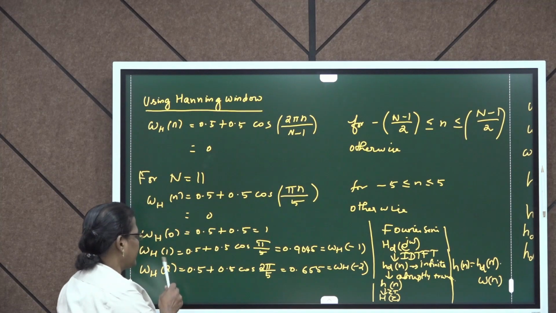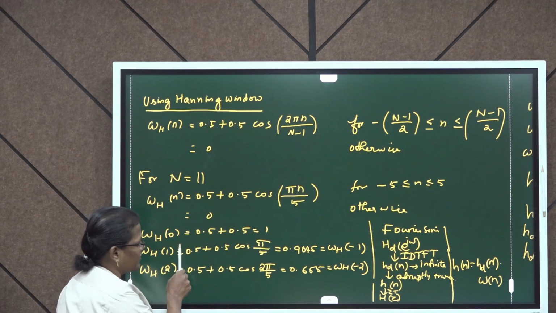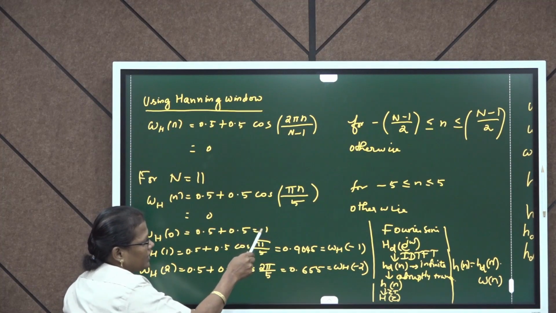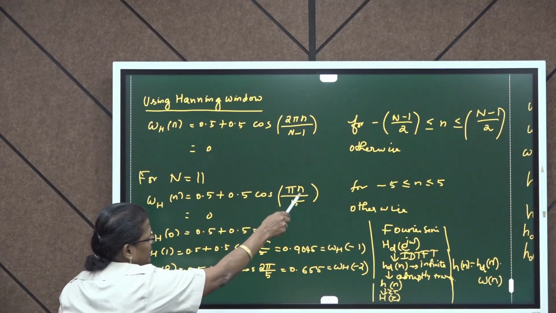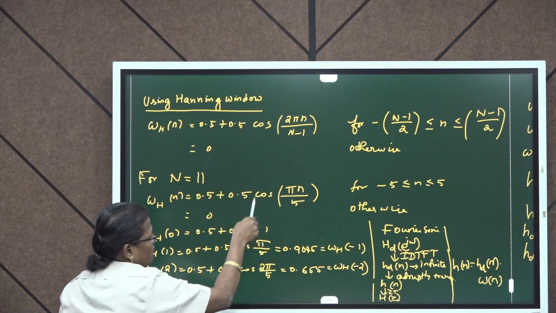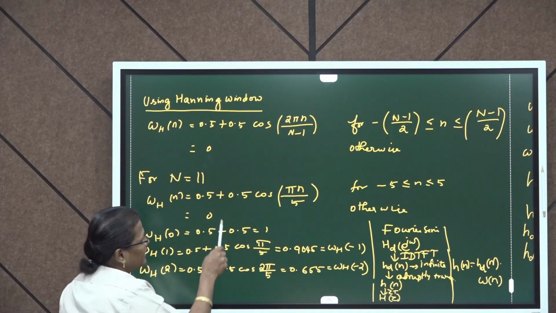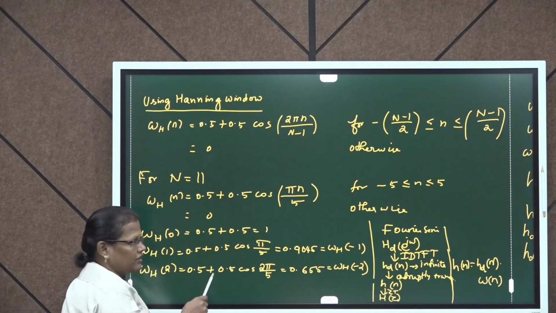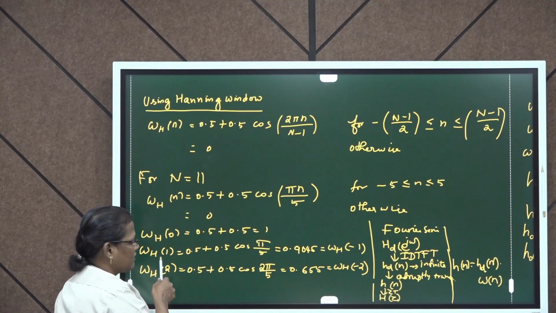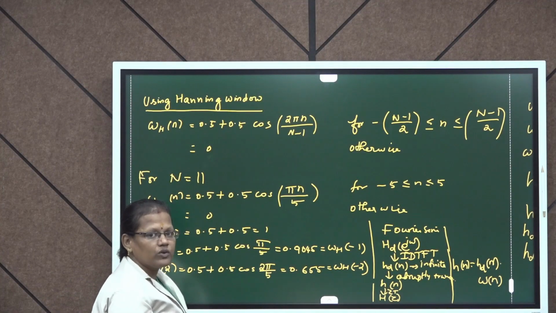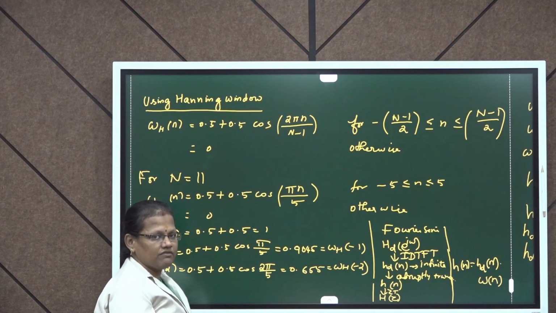If you substitute like that, you will get wh(0) = 0.5 + 0.5, where n is equal to 0, so cos 0 is 1, so it is equal to 1. Similarly, you substitute n = 1, n = 2, n = 3, 4, 5, up to that we have to substitute and find the windowing function values.